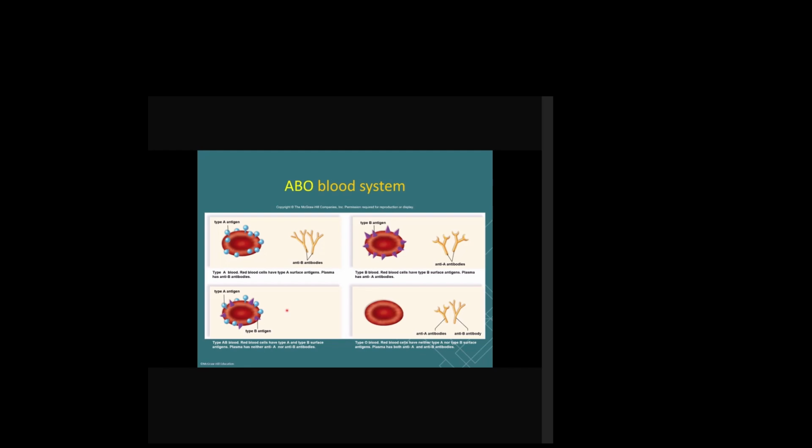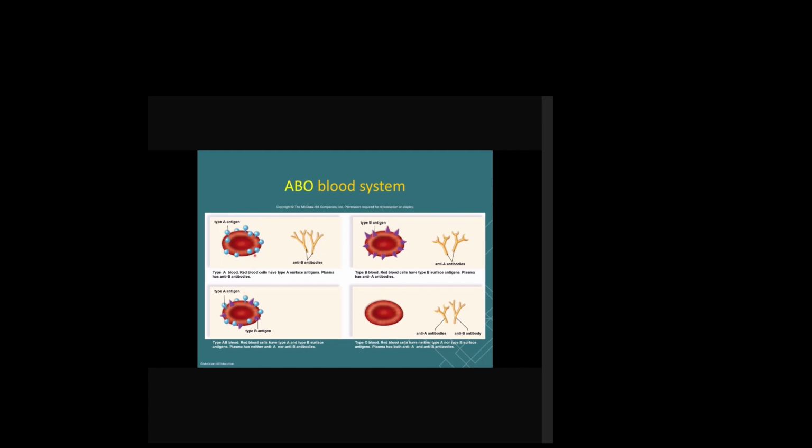But it helps to identify your red blood cells as yours. So for example, if you have red blood cells with these A antigens on them, it means that your body has never seen these purple structures.